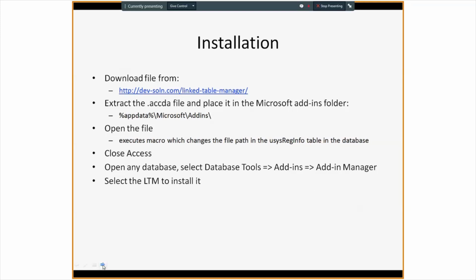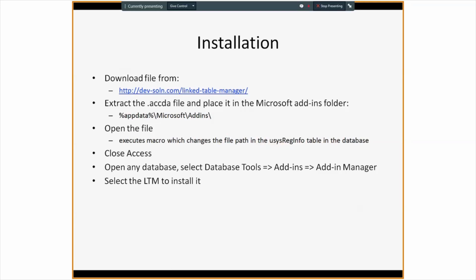Once you've downloaded the file, you extract the add-in file, the AccessUserGroups file, and place it in the folder that you can get to with the AppData Microsoft add-ins. That usually equates to C:/users/username/appdata/roaming/Microsoft/add-ins.